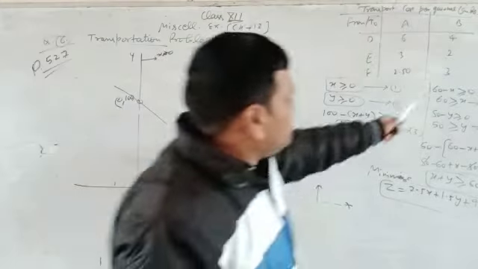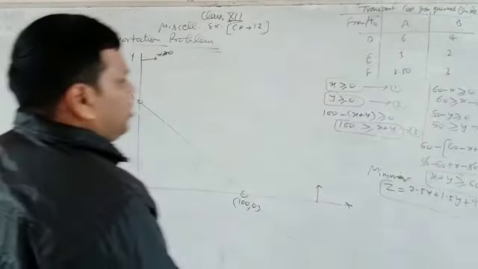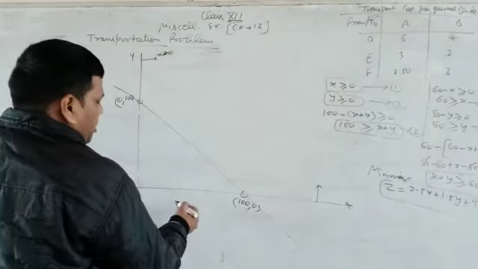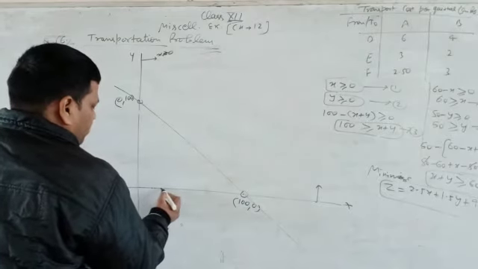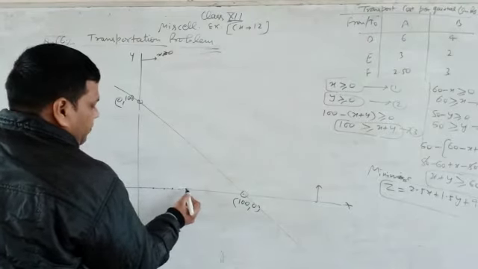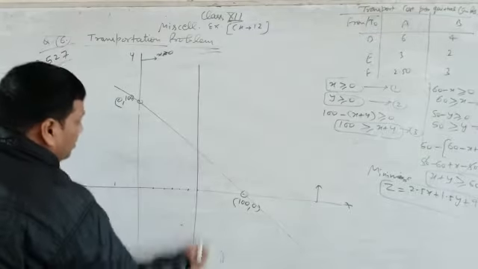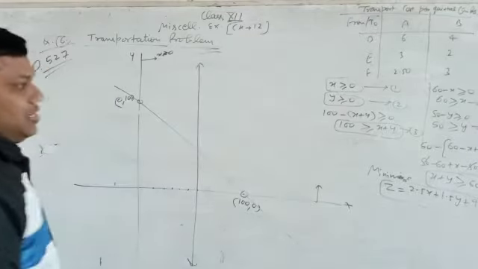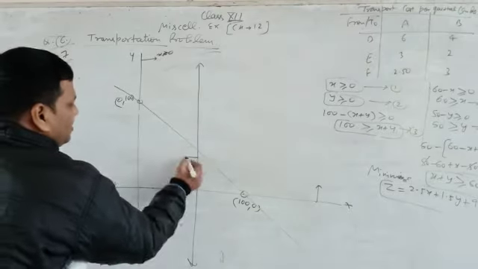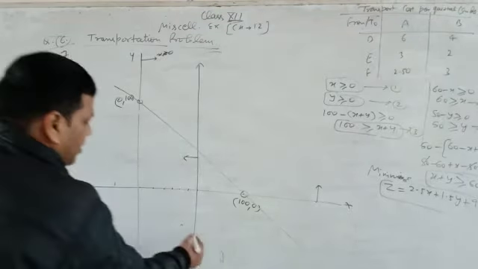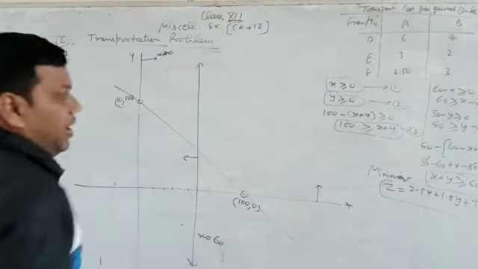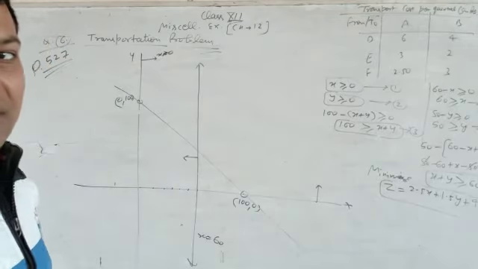The next one is 60 minus x greater than or equal to 0, so x is less than or equal to 60, meaning 10, 20, 30, 40, 50, 60, right? So x less than 60 means somewhere here, and x equals 60 is this line. And again, what is the next one?